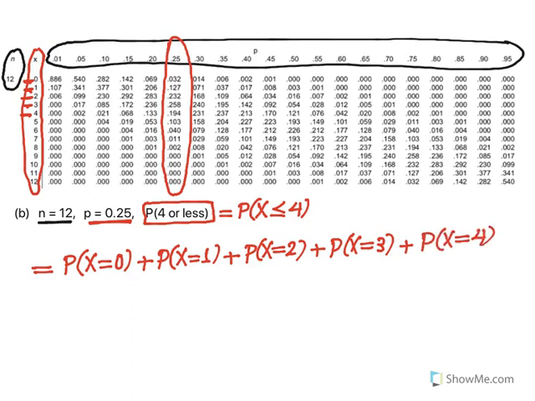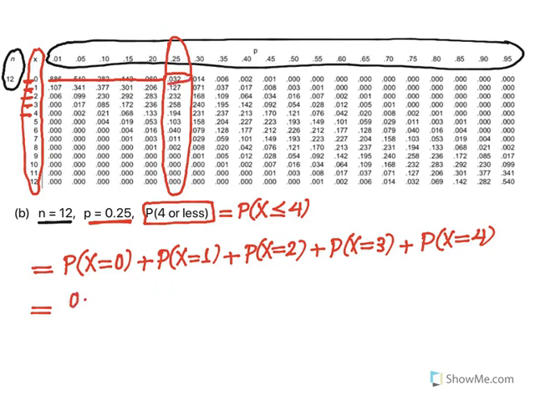And now you look at the table. The first one, for probability of x equals 0, if I go here, I will find the number 0.032.